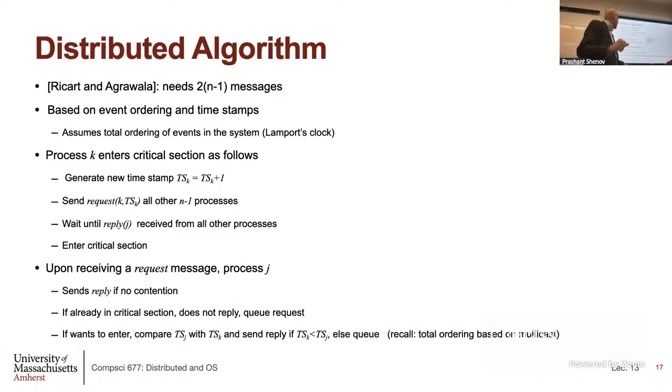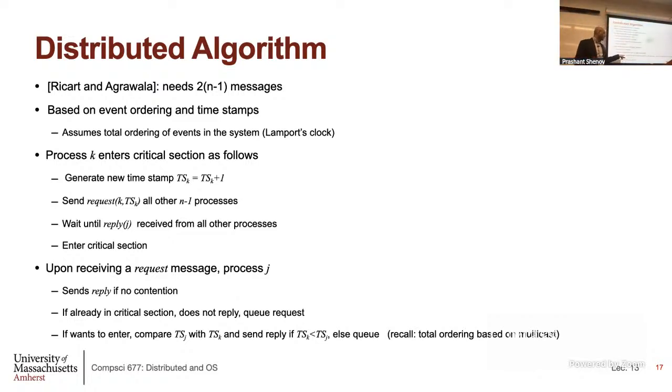And the third one is it is also trying to enter the critical section, which means that it has itself sent request messages. In this case, you are going to compare the Lamport's clock values to see which of these has a lower timestamp, and the one with the lower timestamp will win because that's the one that made the request first.